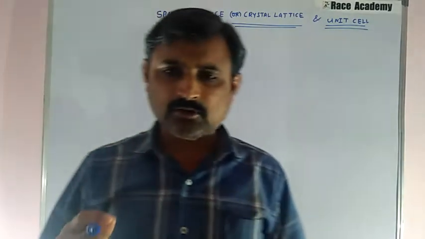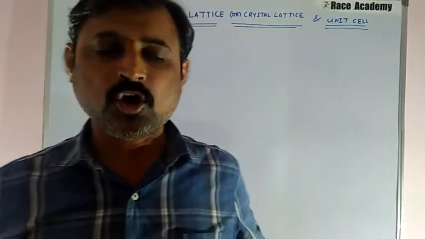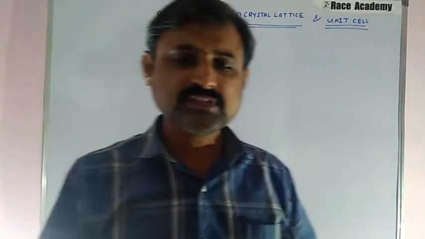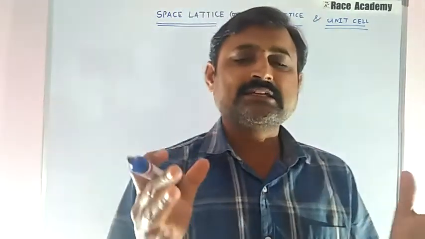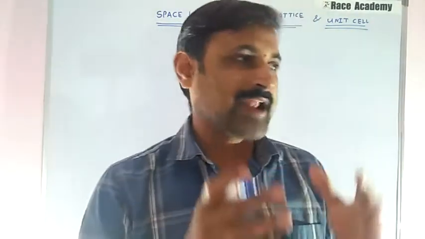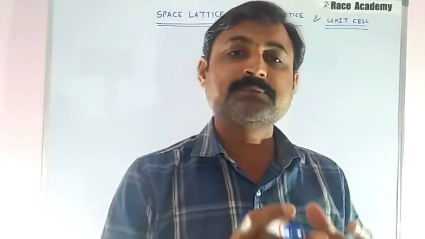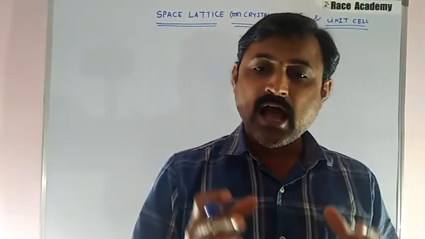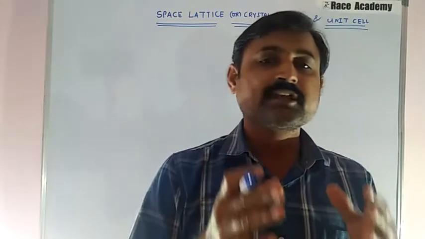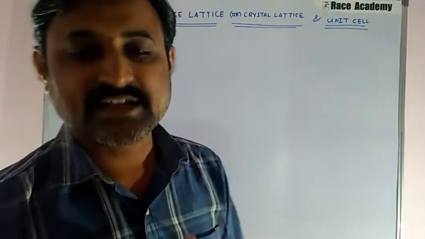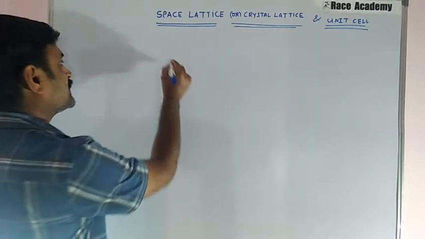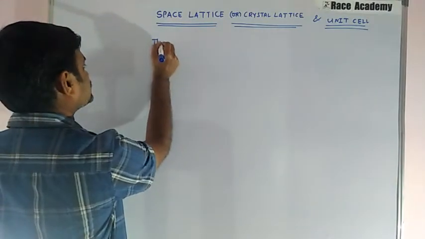When we are talking about space lattice or crystal lattice, it is nothing but an infinite set of lattice points or constituent particles. The arrangement is known as space lattice. So what is space lattice?